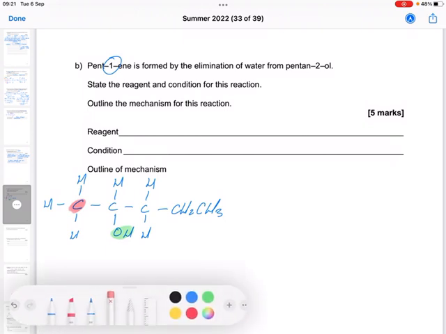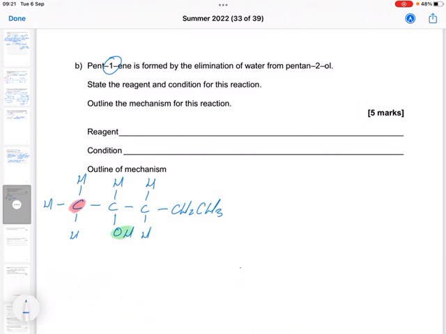So let's do the mechanism. Let's put my H plus on here. Let's put my lone pairs on my OH here, and let's start with the mechanism.